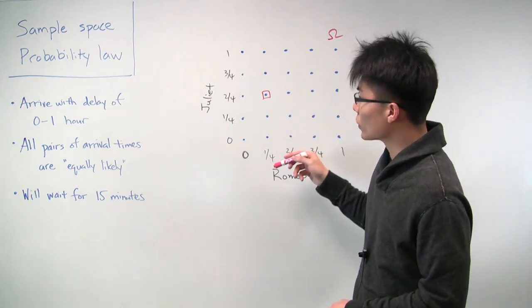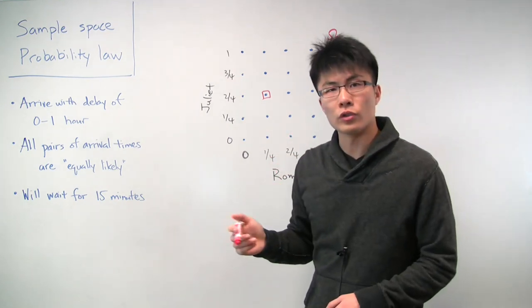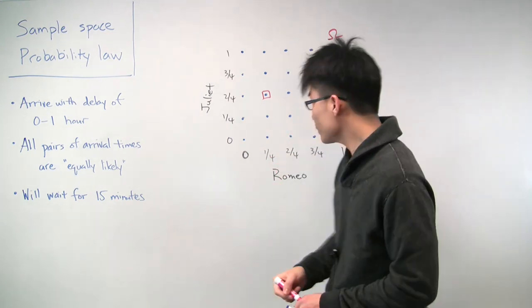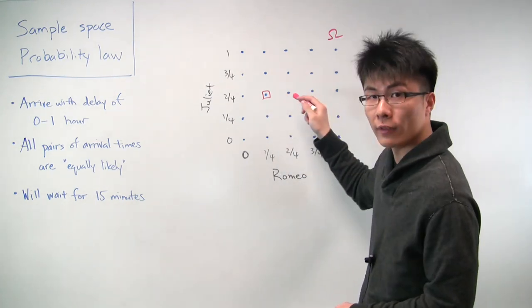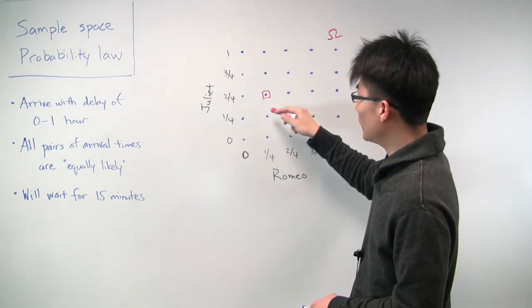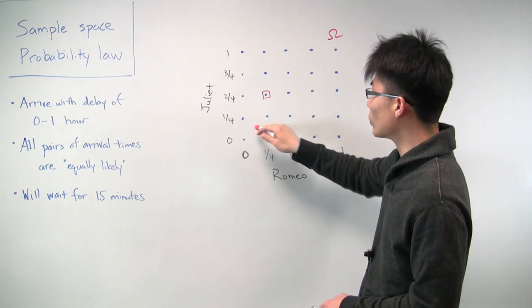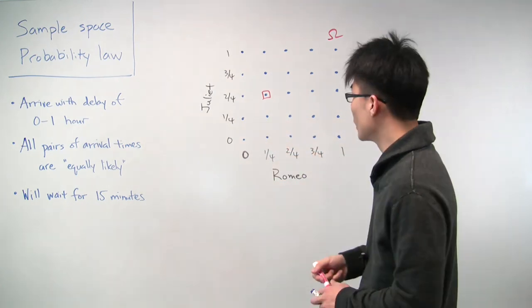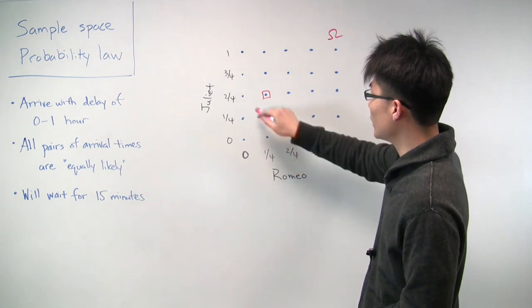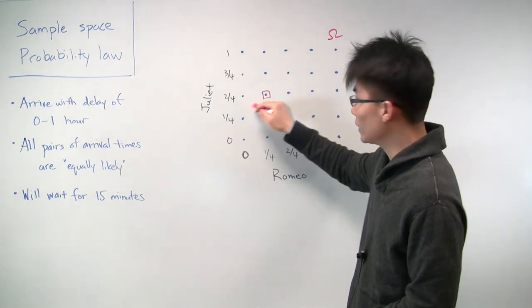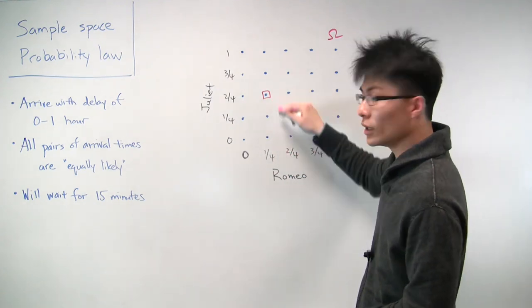Okay, so now we've specified our sample space and our probability law. Now let's try to answer the question: what is the probability that Romeo and Juliet will meet up for their date? All that amounts to now is just identifying which of these 25 outcomes results in Romeo and Juliet arriving within 15 minutes of each other. So let's start with this one that I picked out. If Romeo arrives 15 minutes late and Juliet arrives 30 minutes late, then they will arrive within 15 minutes of each other.